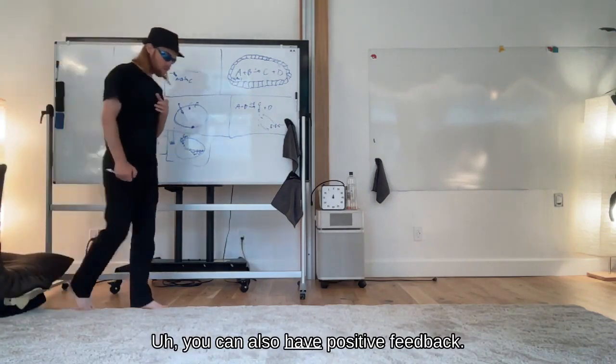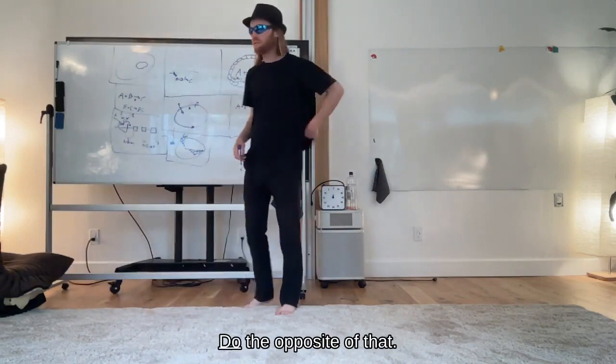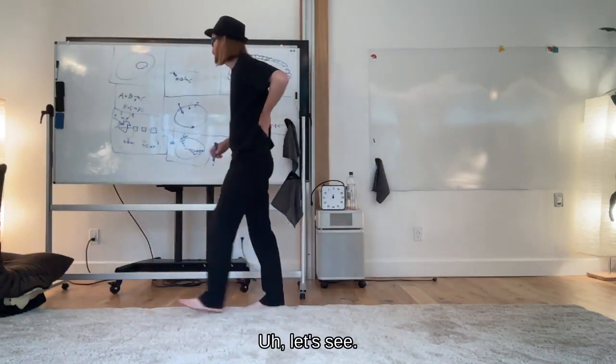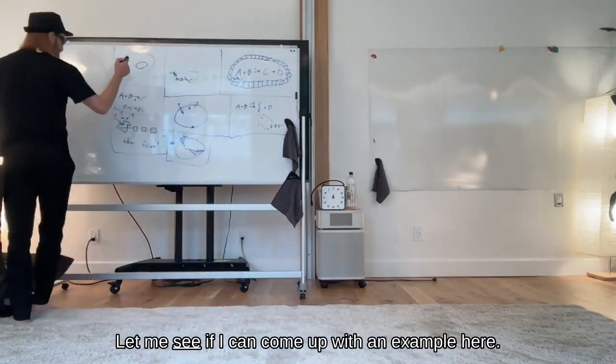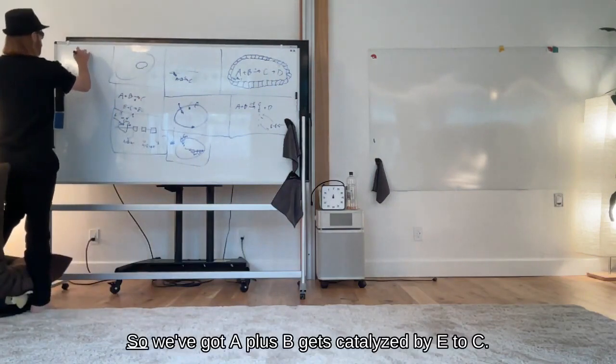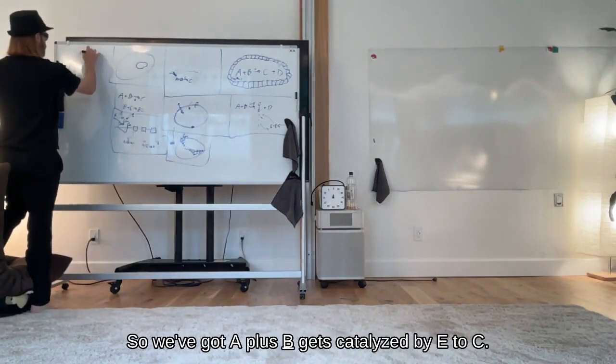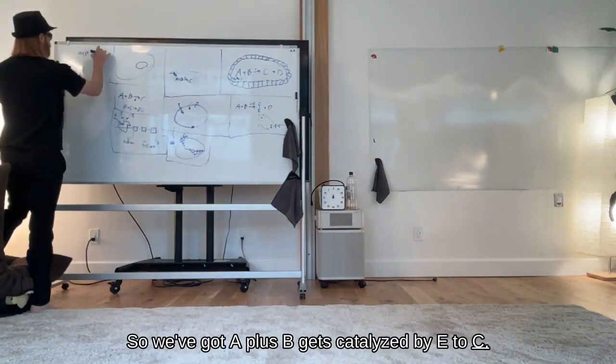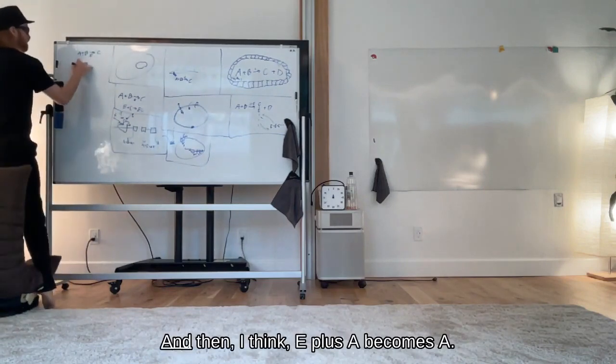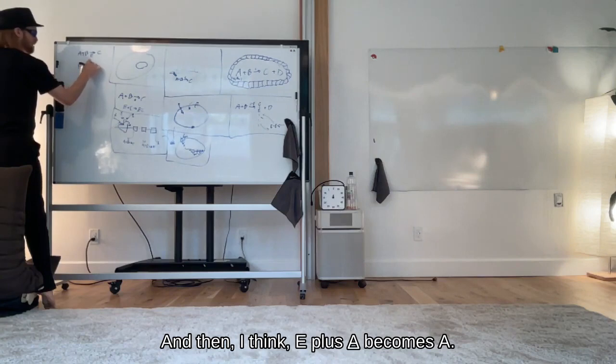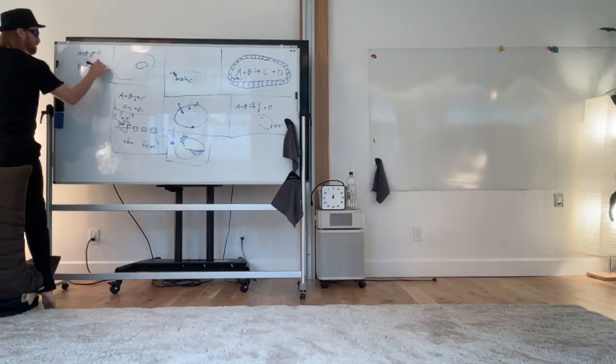You can also have positive feedback, the opposite of that. Let me see if I can come up with an example. We've got A plus B gets catalyzed by E to C. And then E plus A becomes EA.